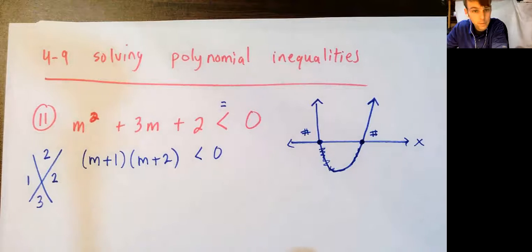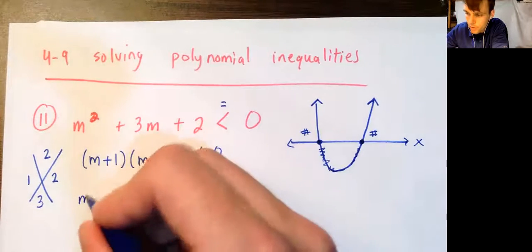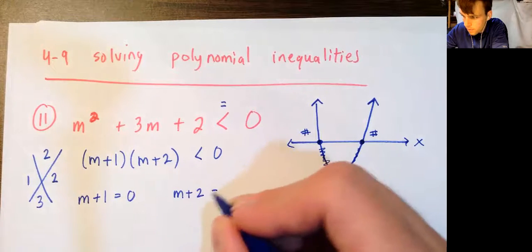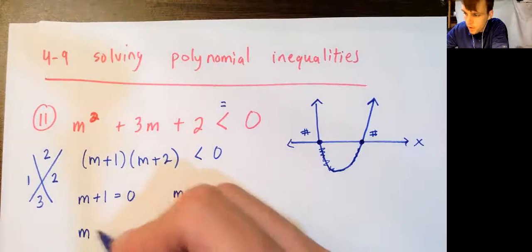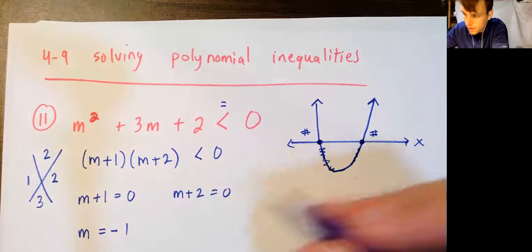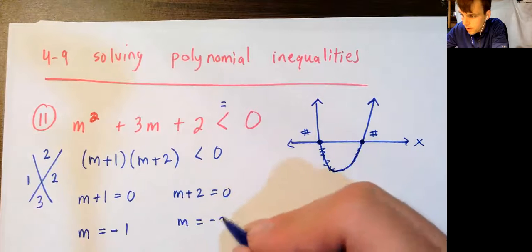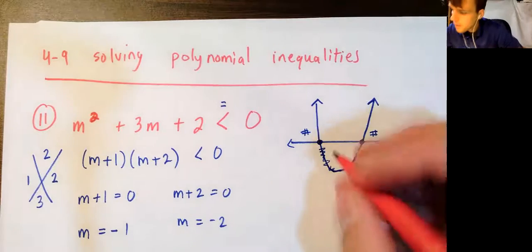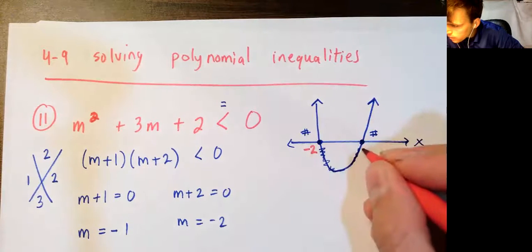And just like the zero product property, we're going to pretend this is sort of an equation, so we can find these boundary values by just solving for them. So this one would tell us one of our values is -1, and one of our values is -2. Since -2 would be on the left of -1, we'll say it's there and there.